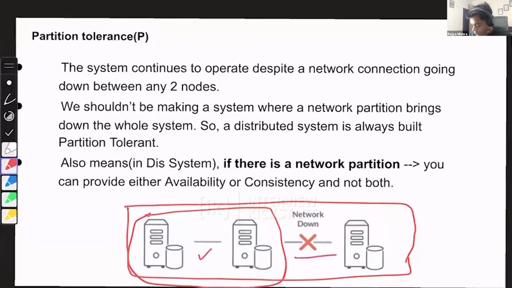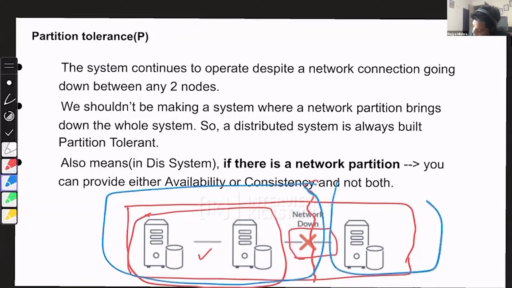But this one goes out of sync because the network connection is down here. So this is a partition. Now there are two partitions here: this is partition one and this becomes partition two. A distributed system should have tolerance for these kinds of partitions. It should continue to work even after a partition happens.